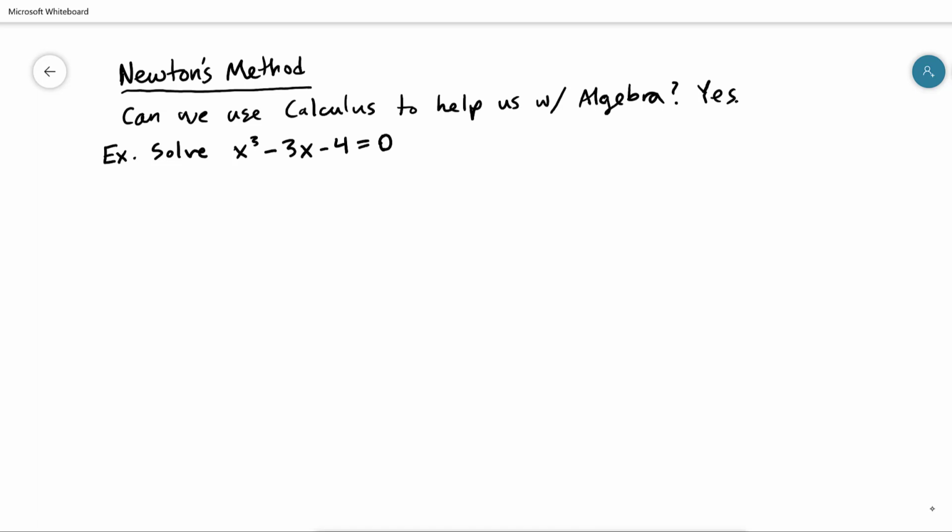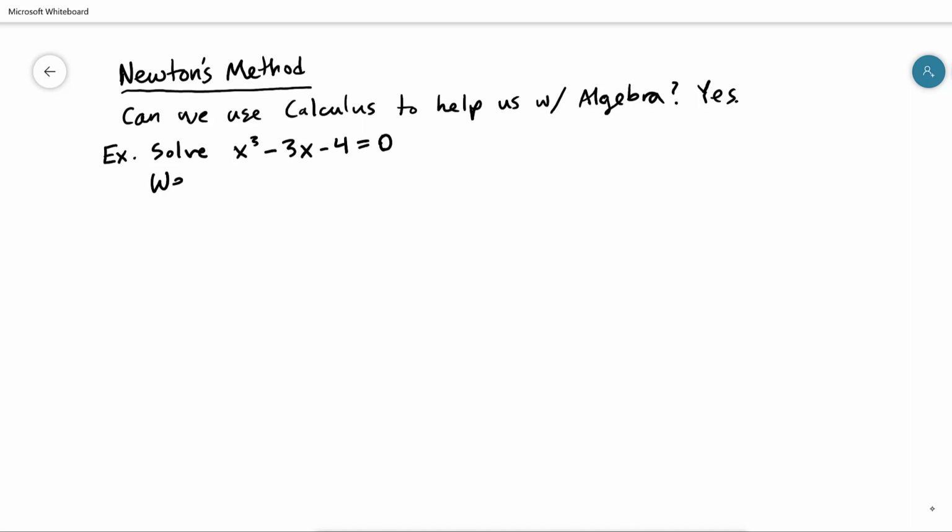So long story short, problems like this are difficult to deal with, and if we make it pretty much any more complicated than it is, it'll be impossible to deal with using traditional algebraic techniques. So we're going to be able to use calculus to help in kind of an interesting way.